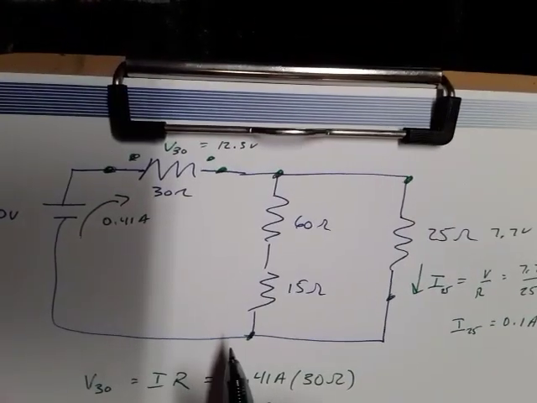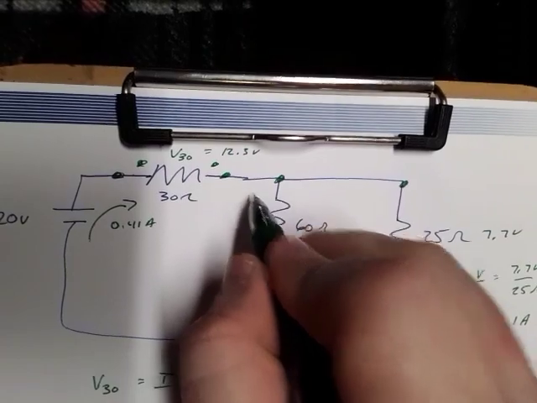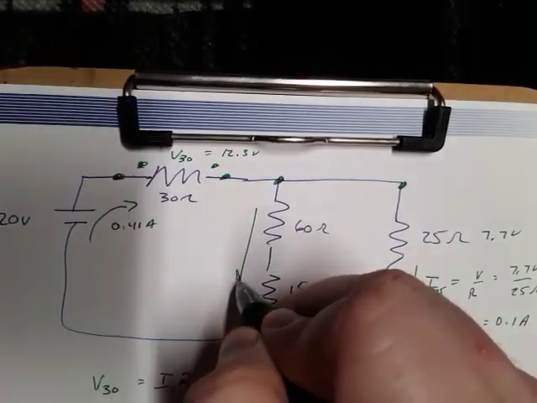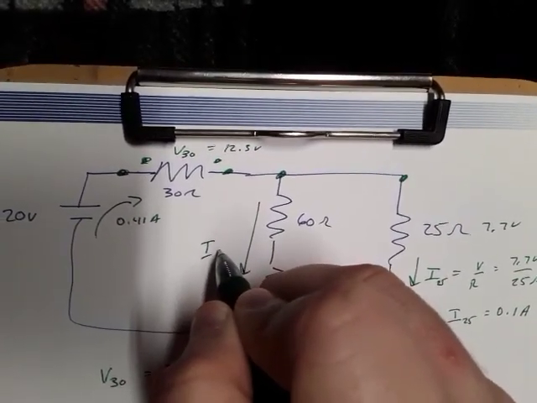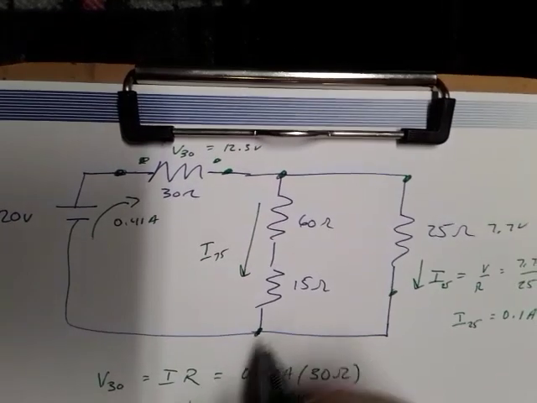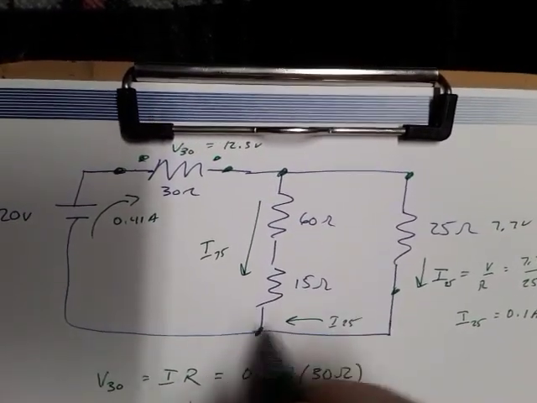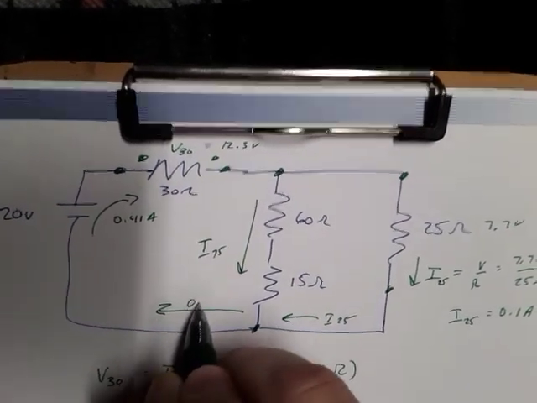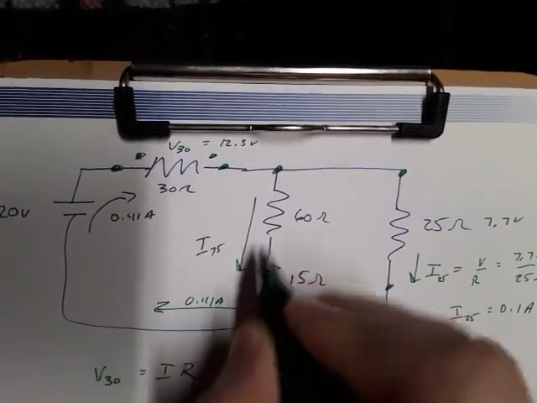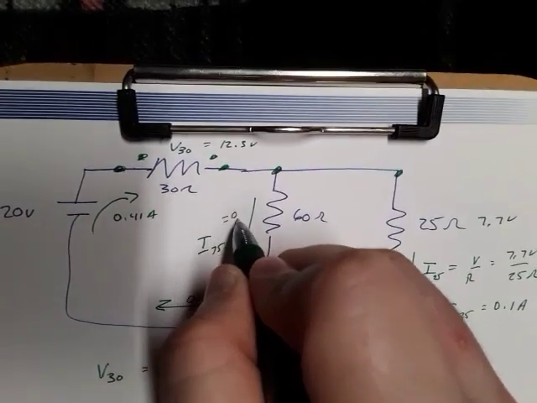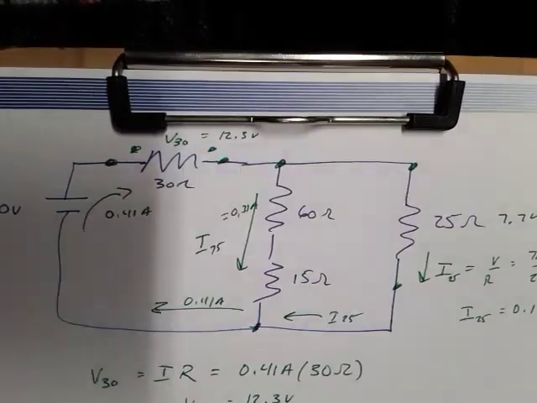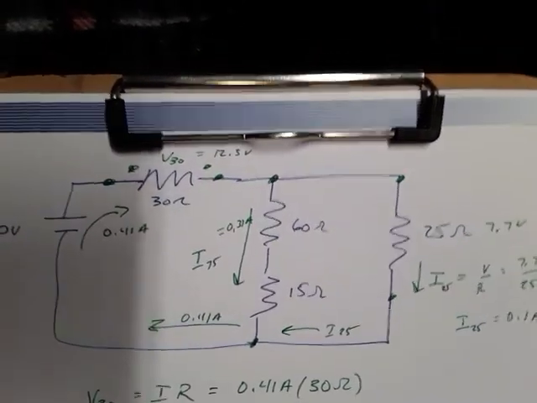And now we know the current this way, because when this current splits, whatever goes this way, I'll call I-75, and the current that goes this way, I-25, has to end up being 0.41 amps. So this has to be 0.31 amps. Right? And we can figure that out.